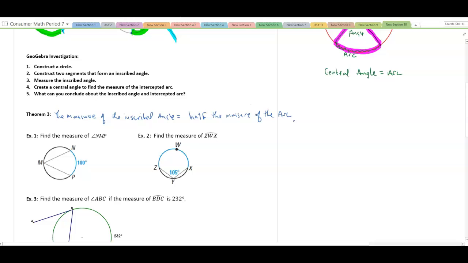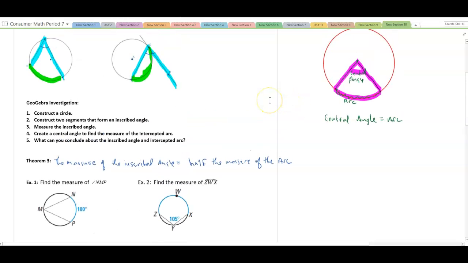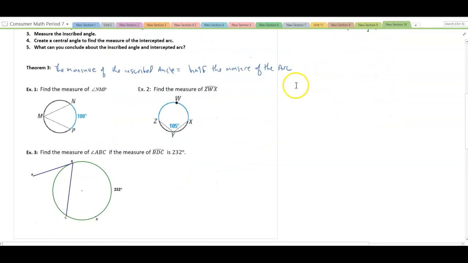So the inscribed angle is equal to the arc divided by 2, or we could say the arc is equal to 2 times the inscribed angle. So we can either double the inscribed angle to find the arc, or take half the arc to find the inscribed angle. Okay, so let's look at some examples here.